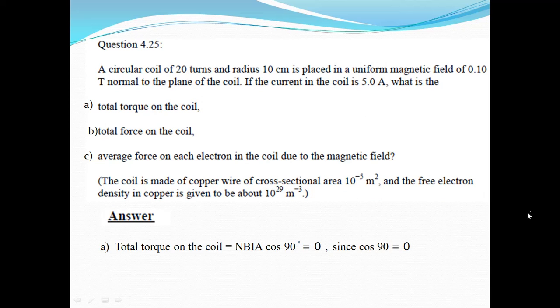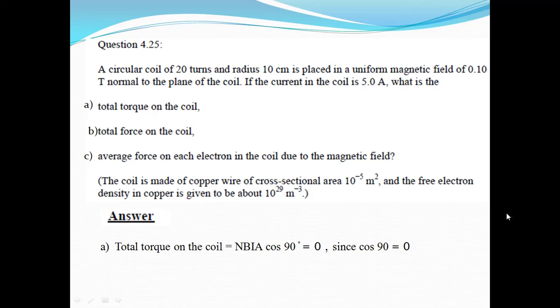Next question. A circular coil of 20 turns and radius 10 centimeter is placed in a uniform magnetic field of 0.10 Tesla normal to the plane of the coil. If the current in the coil is 5 ampere, what is the total torque on the coil, total force on the coil, and average force on each electron in the coil due to the magnetic field?